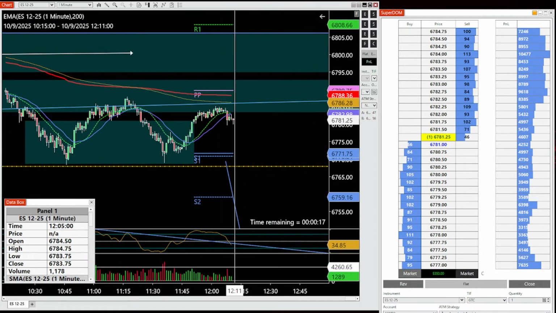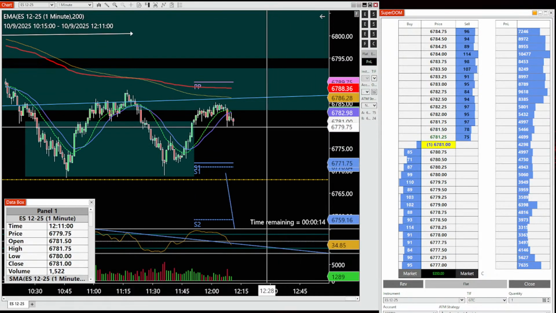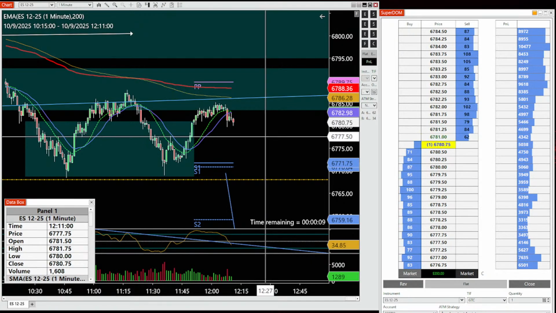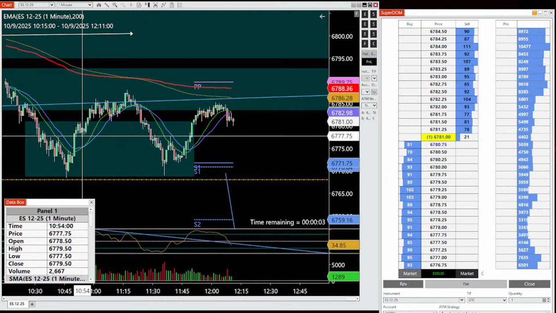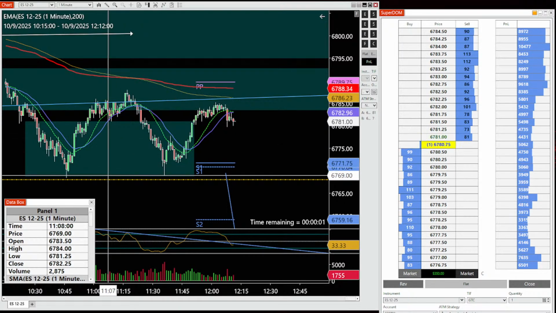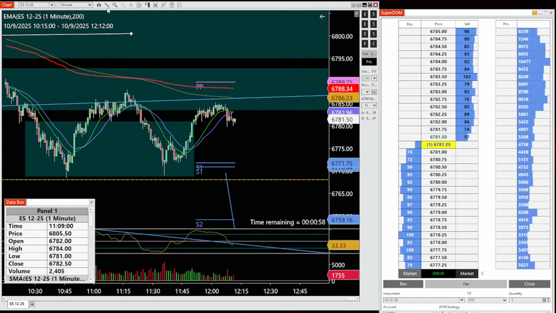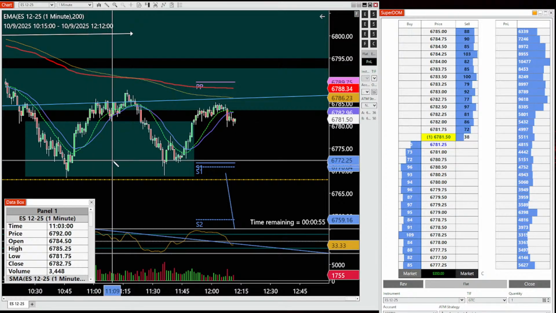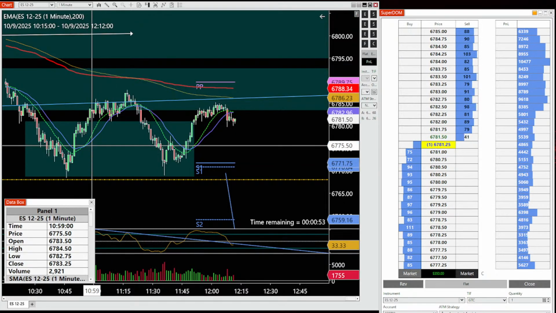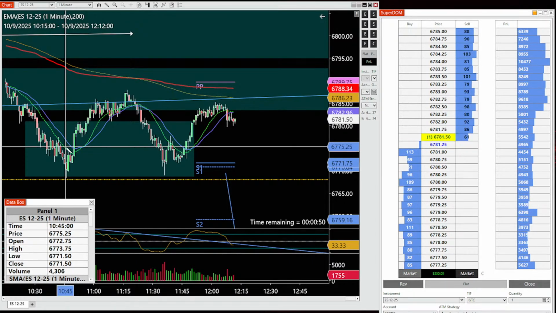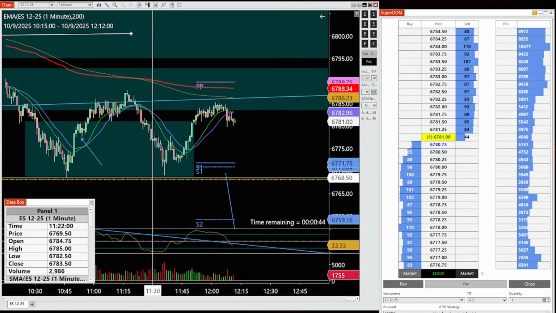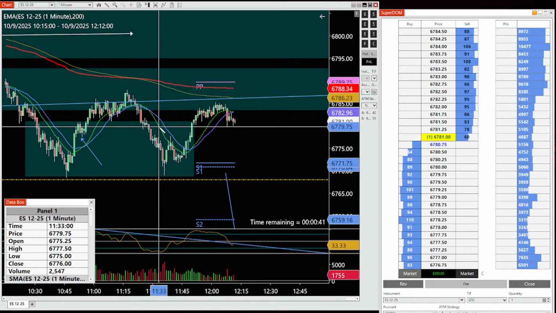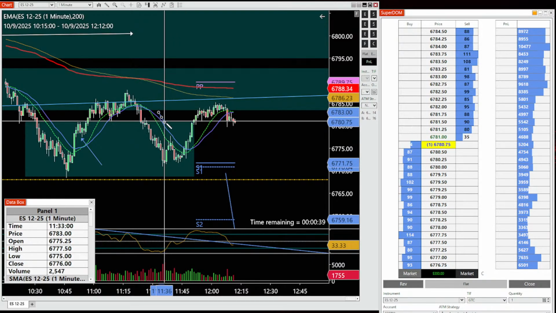This is looking tempting, kind of popping over at 80. That 80 break is looking tempting, but the 77 is also, see how we hit the 77 here, and then here, and then here.